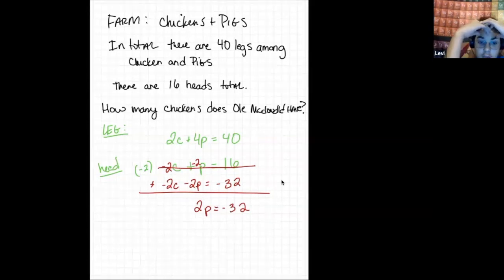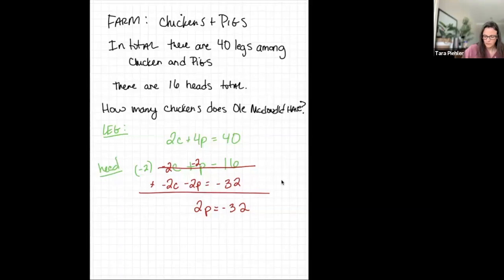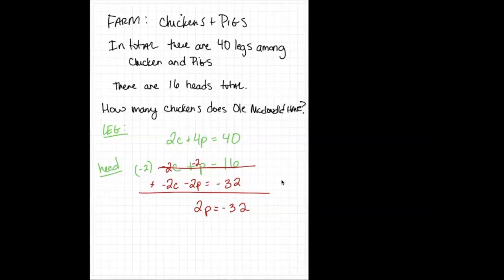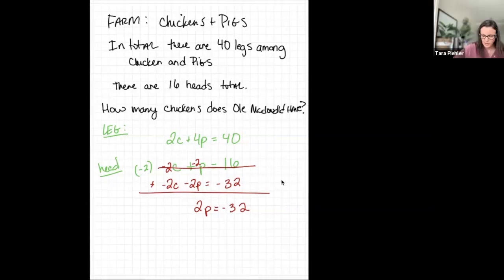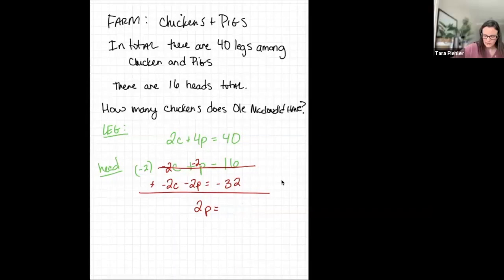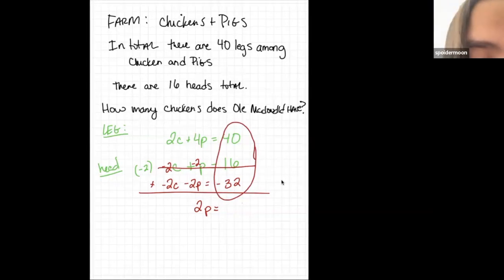How does 2P equal -32? That's what we got stuck on. All right, let me see. It's not -32, it's 40 minus 32. I was gonna say -32. That's right. Exactly right. It's 40 plus -32, which is subtraction. So what do you get? So it'll be 8.